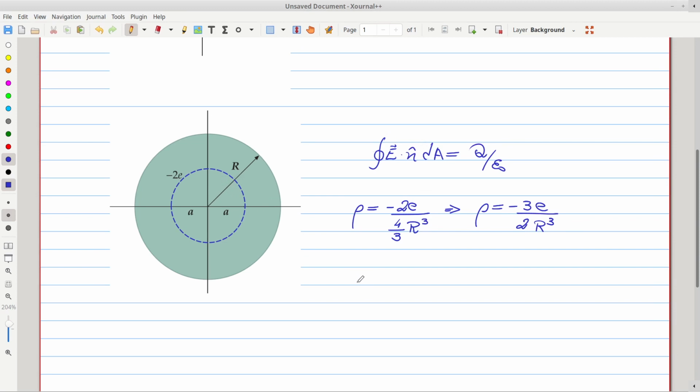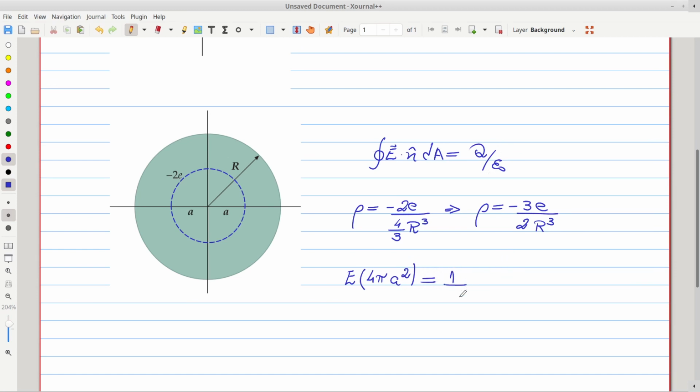Therefore, we can write that the flux will be simply the magnitude of the electric field multiplied by the area, 4 pi a squared, and this equals the charge divided by epsilon 0.